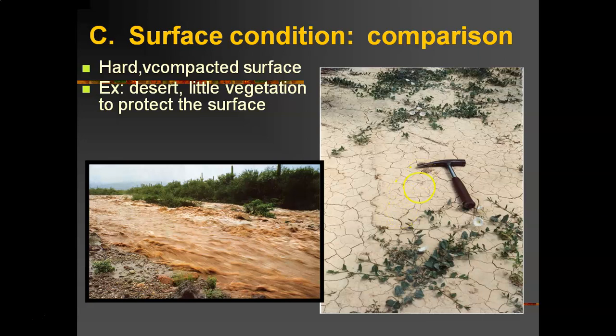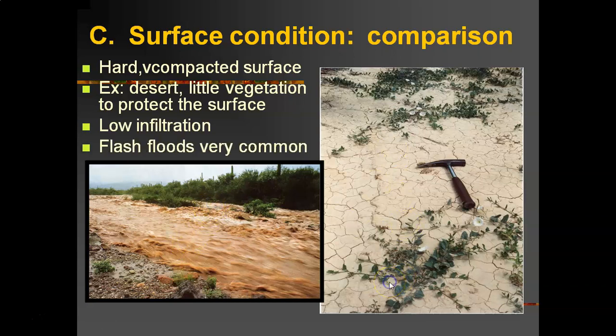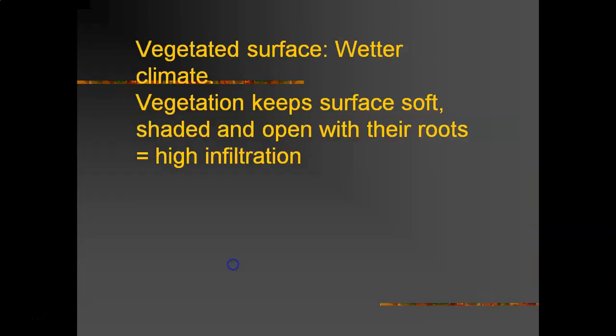When you finally do get a rainfall event, none of that rain can infiltrate, and it just flows over the land into a low spot, and within literally minutes the dry stream channels in desert environments turn into raging torrents, flash floods. So when you have hard compacted surfaces, you have low infiltration, and flash flooding is very common in desert environments.